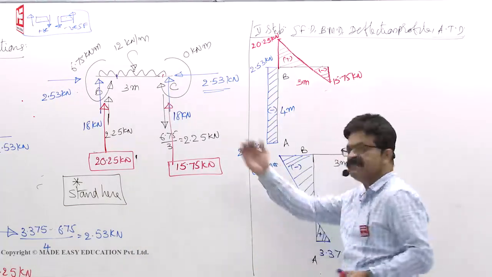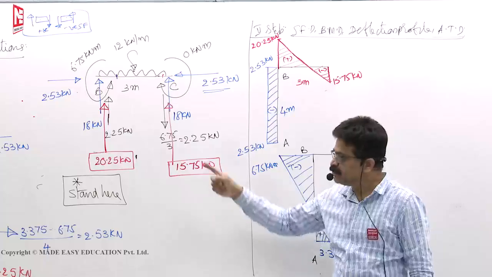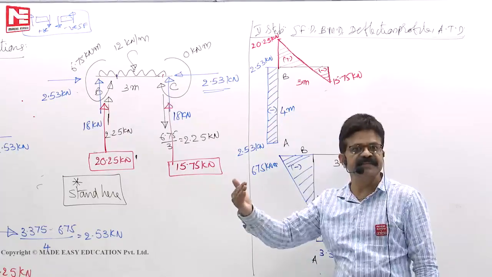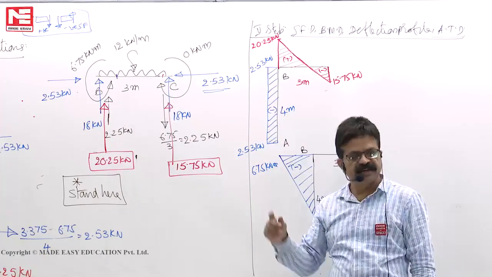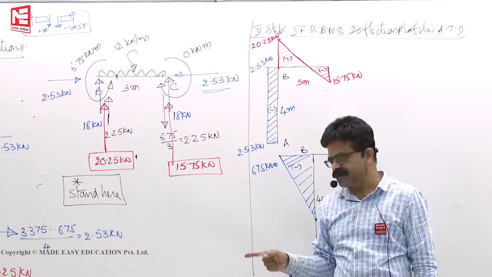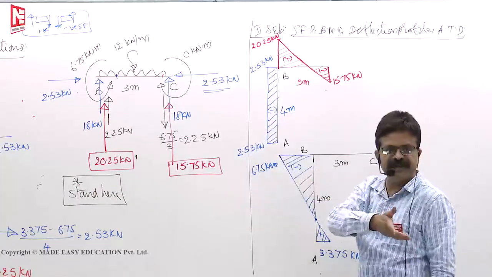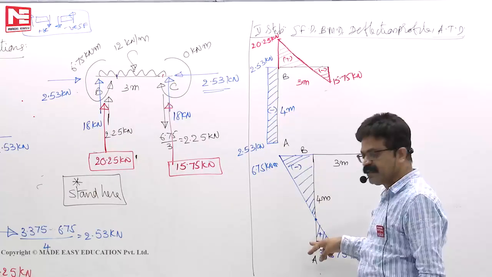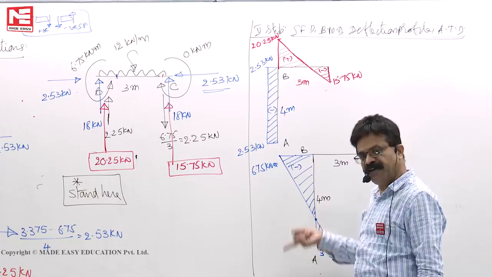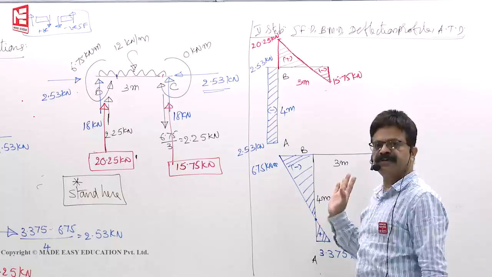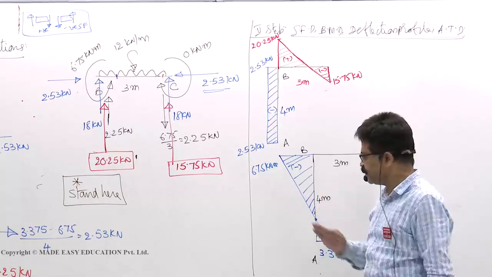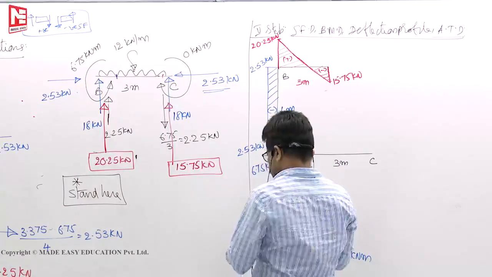That means wherever there is a carryover moment, even if load is not there, if the far end is fixed, because of the carryover moment, half moment is carried over from here to here. That's what we have explained in MDM. Because of the carryover moment, there will always exist one point of contraflexure. Okay, now this member is over.